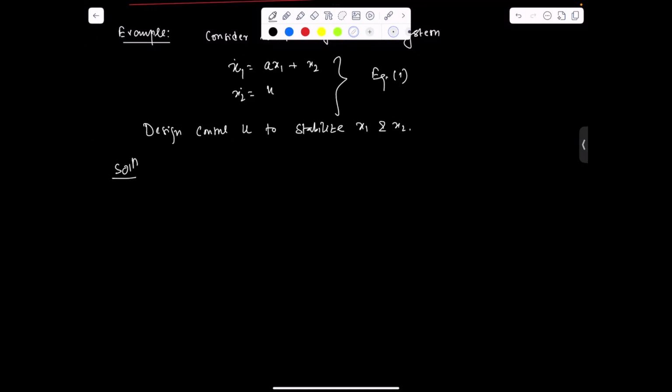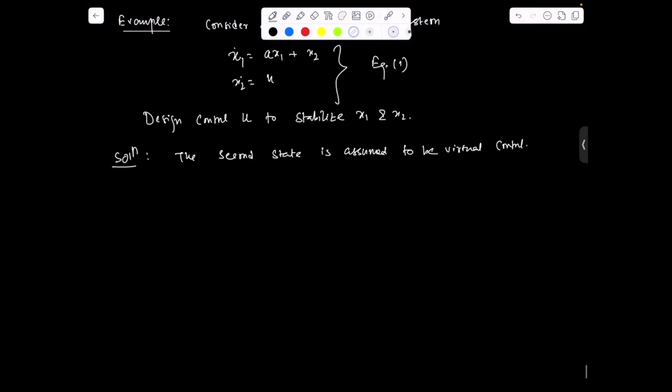To solve the problem, as you know, in backstepping control the second state is assumed to be a virtual control, as you did in the last lecture, and it is going to control the x1 dynamics.